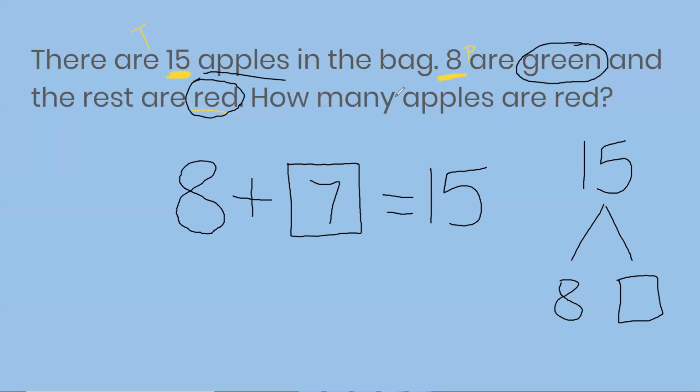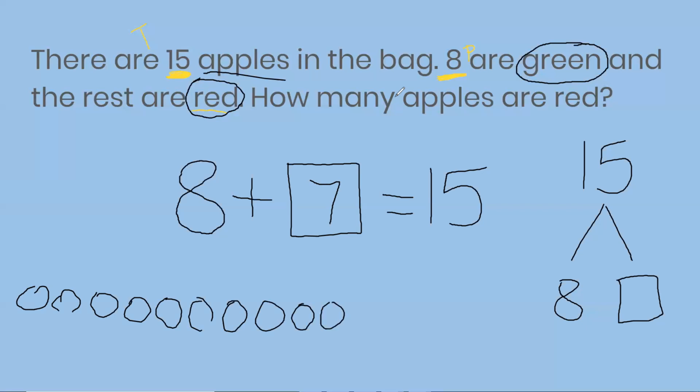What's another way that I could solve this equation? Well, I could draw my 15 apples. 1, 2, 3, 4, 5, 6, 7, 8, 9, 10, 11, 12, 13, 14, 15. Right? Well, I know that 8 of them are green. So could I color 8 of them in green?